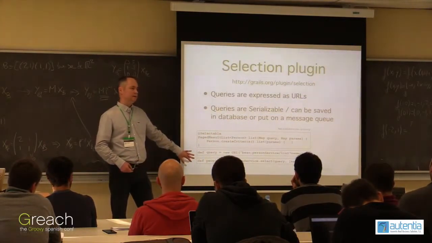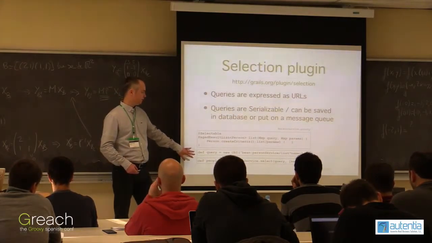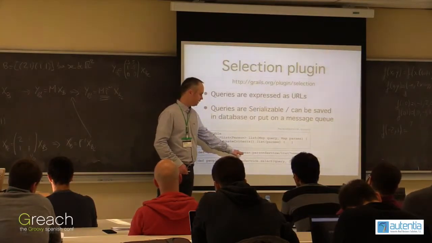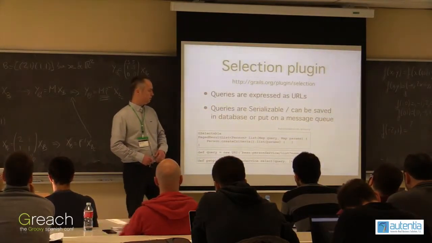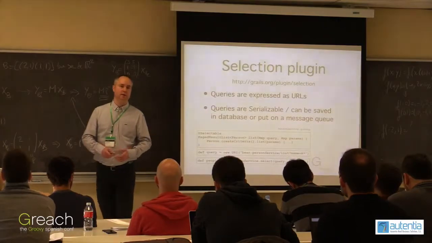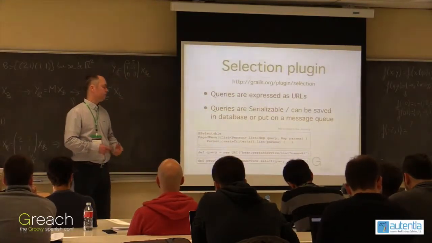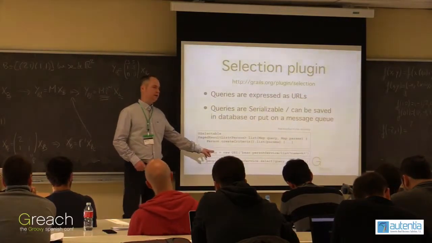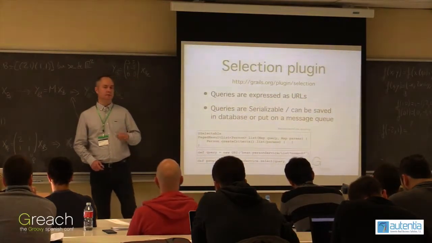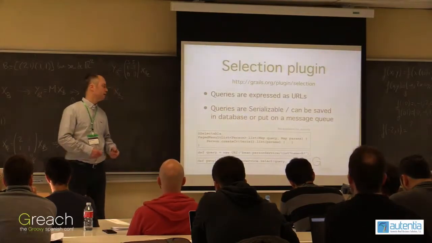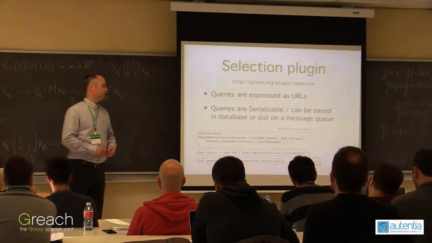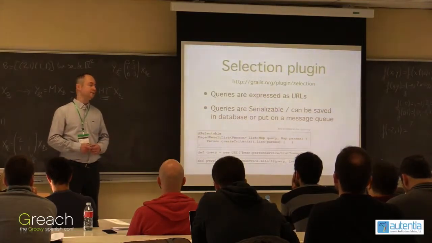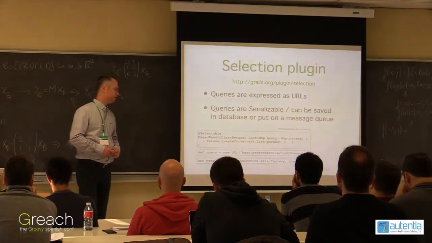Then when you want to create a criteria or a query, you create a URI instance, being equal person service list, and then the filter name equals A. And URI instances are serializable, so you can store this in a database. If you want to give people the option to save their filters for later use, you can save that in the database.